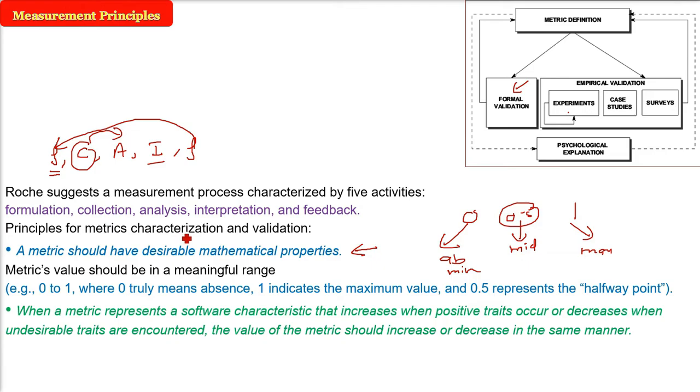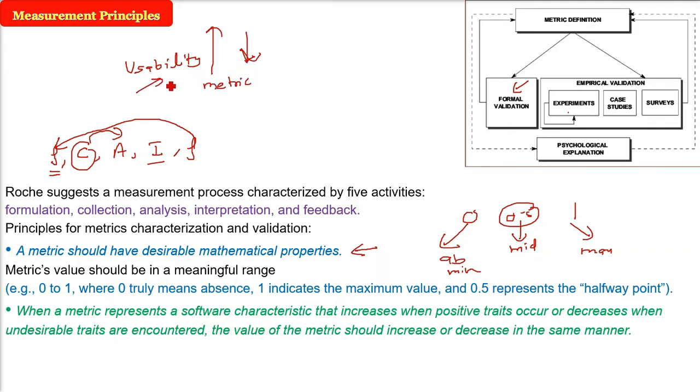And the increasing and decreasing nature, when a metric represents a software characteristic. For example, take usability. When positive traits are occurring, it is increasing. When undesirable traits are occurring, it is decreasing. So in the same way, the metric should also increase and decrease in the same manner.